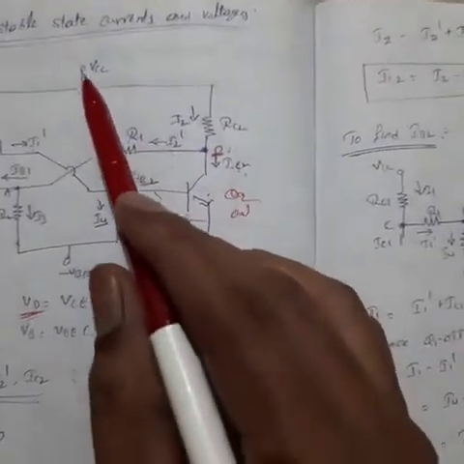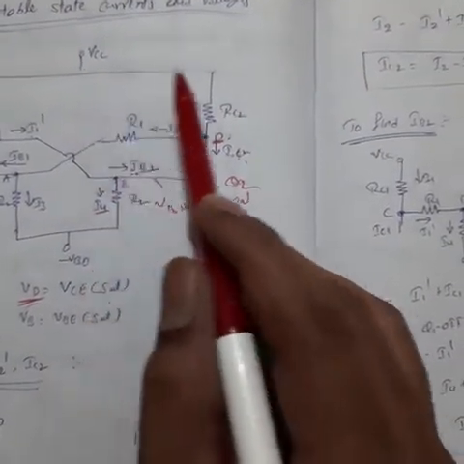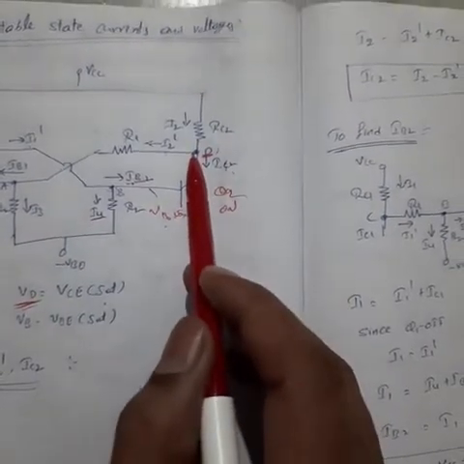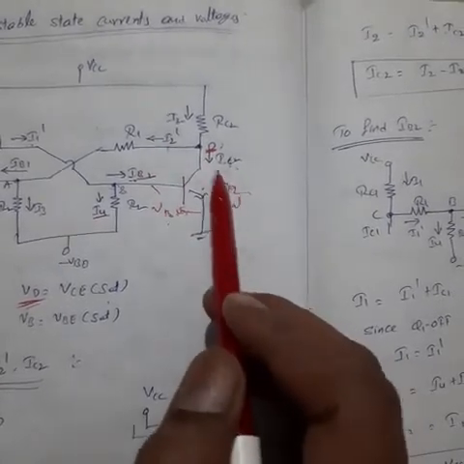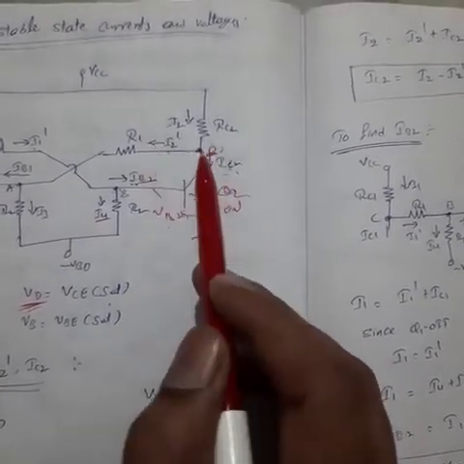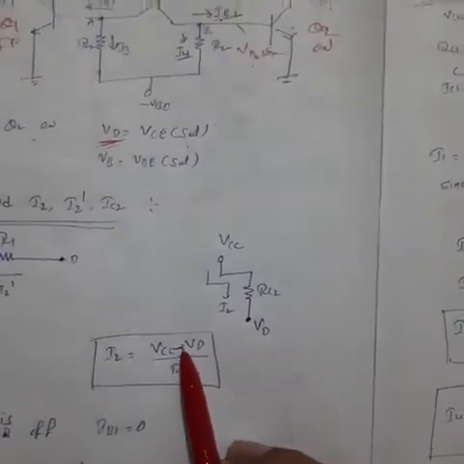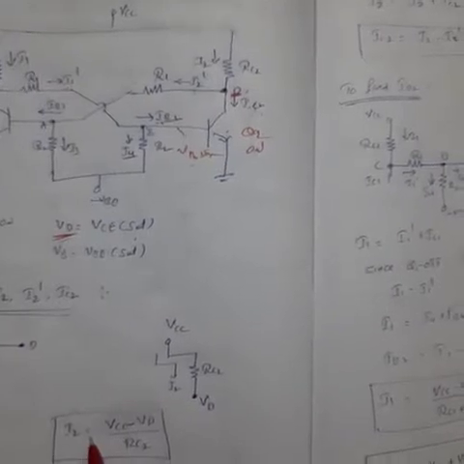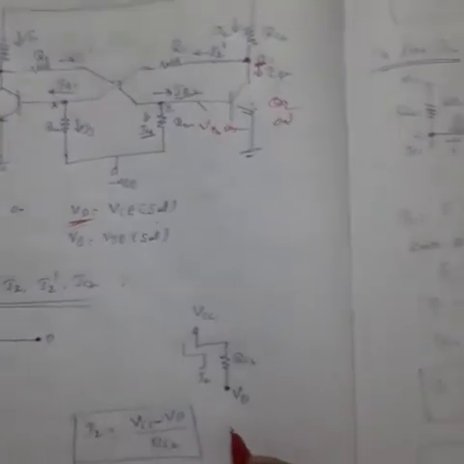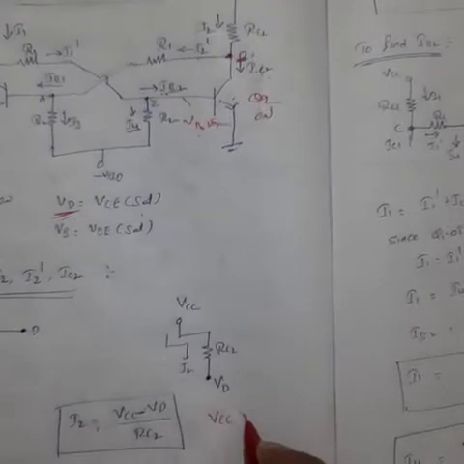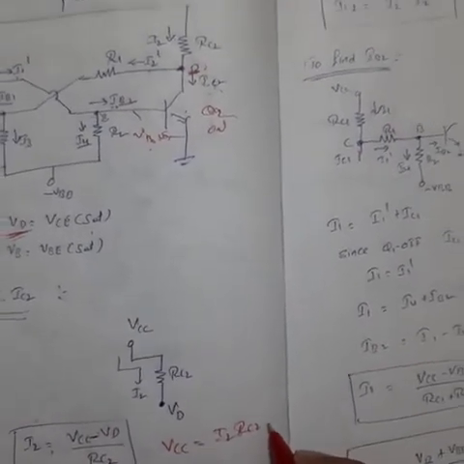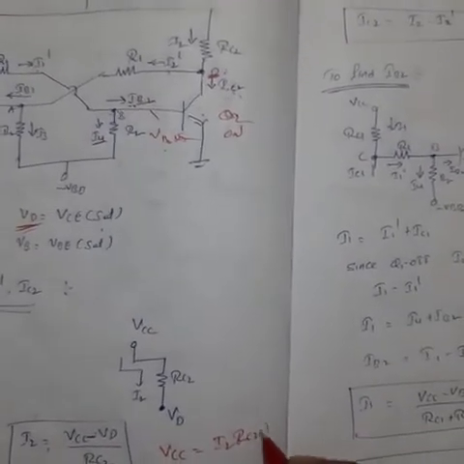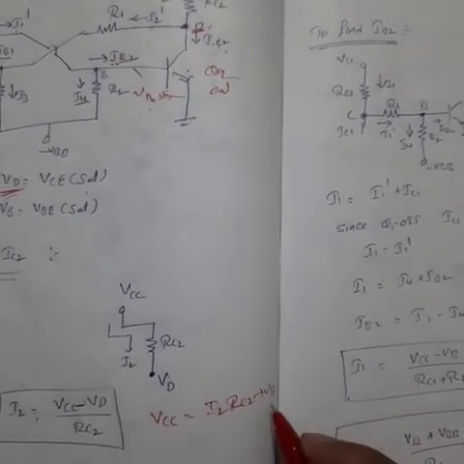First we have to find I2. I2 starts from VCC and stops at VD, and from this it is divided into I2 dash and IC2. Then I2 equals V by R. Applying KVL, VCC equals I2 RC2 plus VD.